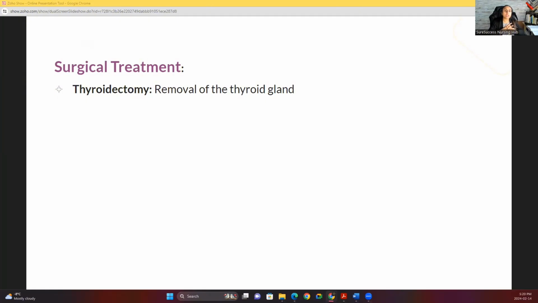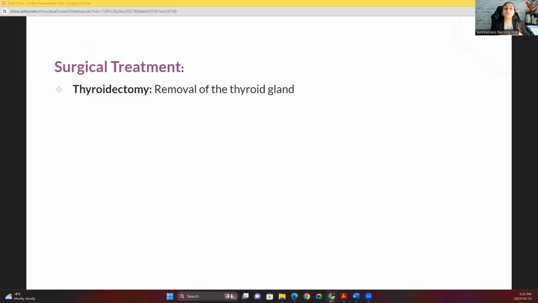So what is happening during thyroidectomy? What is thyroidectomy? The doctor is removing the thyroid gland. And how is he going to remove the thyroid gland? By actually touching it. Now, what is happening during the surgery? What can happen? That manipulation of the thyroid gland by the doctor gives a gush of thyroid hormones into the blood, and the patient can have thyroid storm during the surgery.